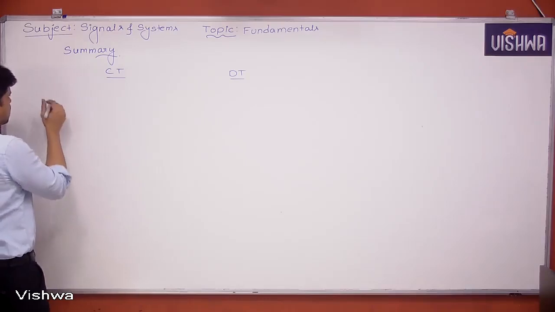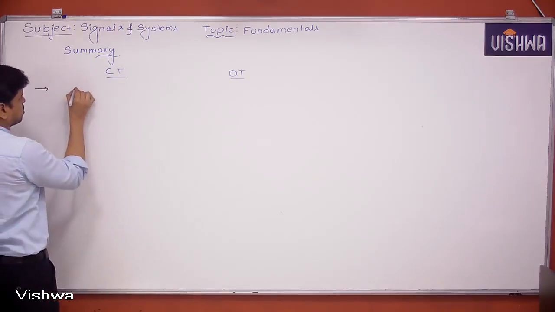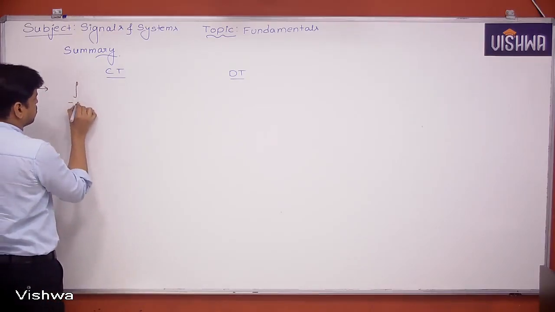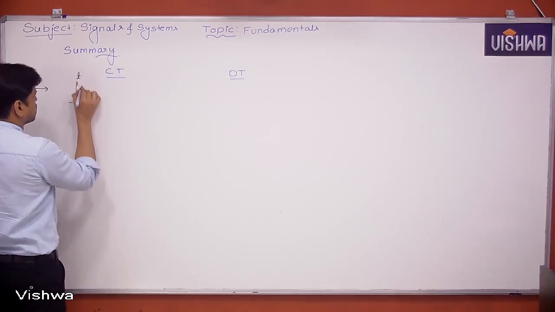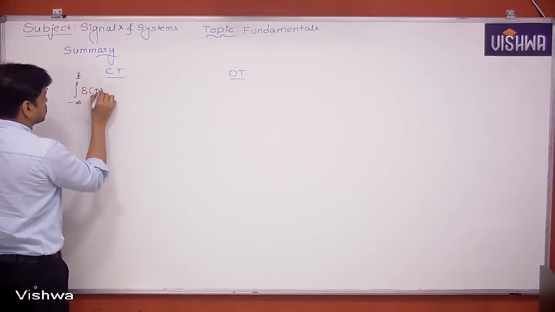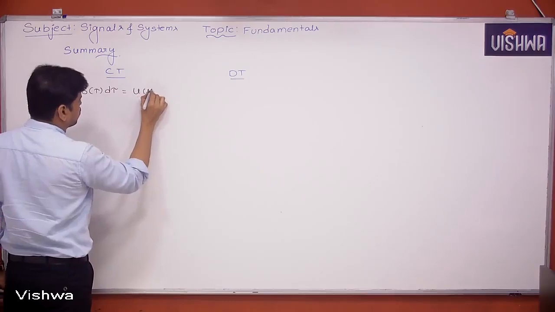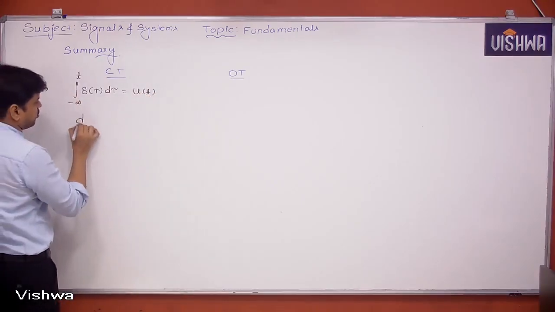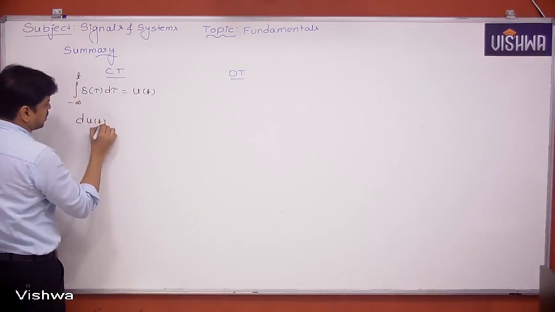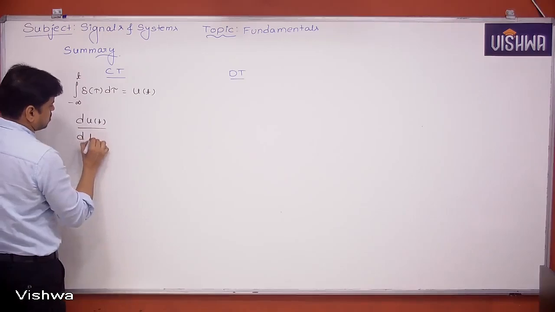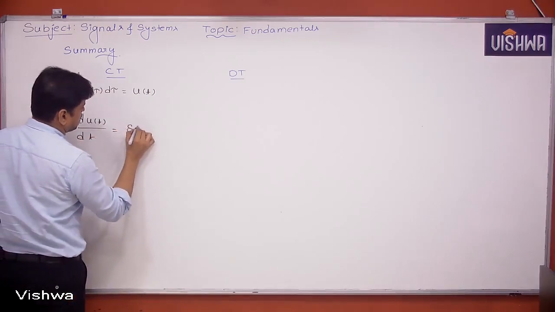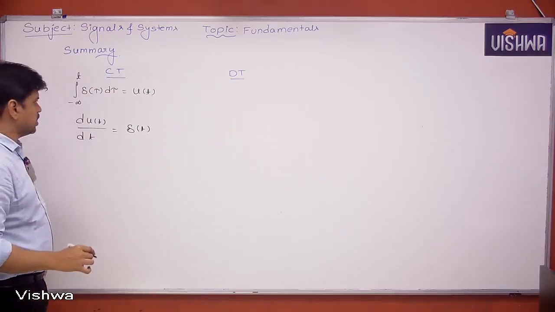In the continuous time case, the integral from minus infinity to t of delta tau d tau is equal to u of t. Differentiation of u of t is delta t.